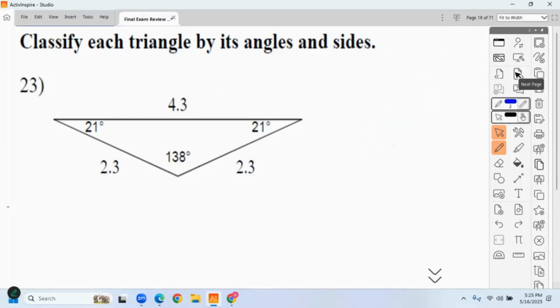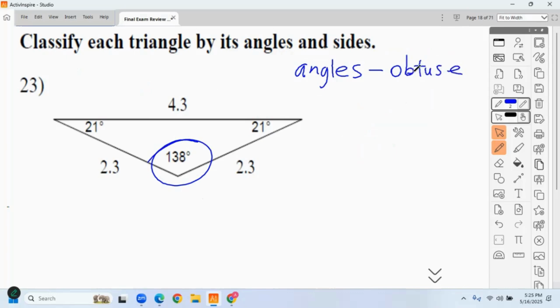Take a look. Angles. If I'm looking at the angles and I'm classifying this triangle right here, I got a big one right here, greater than 90 degrees. No, I'm just messing with you. All right. So anyways, we know that's going to be obtuse. I'm sure you guys remember that from back in the day.